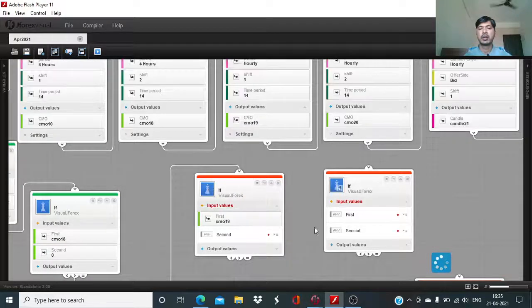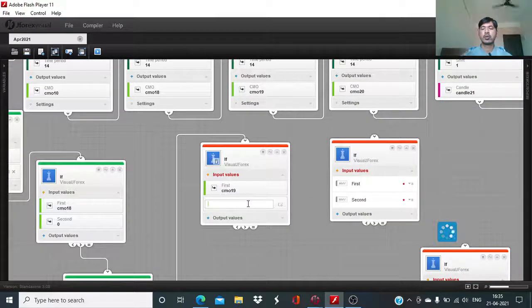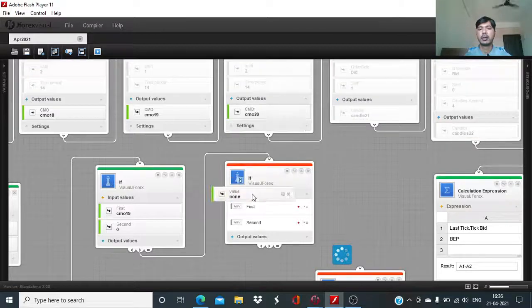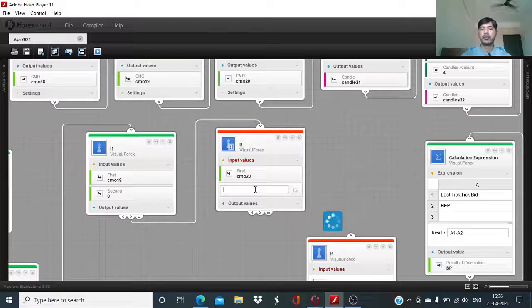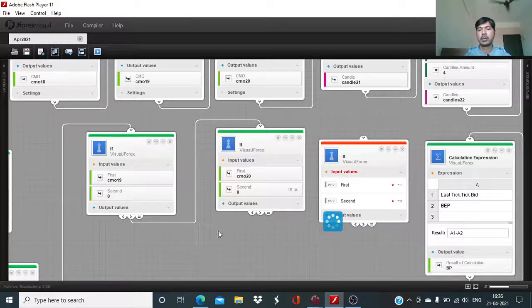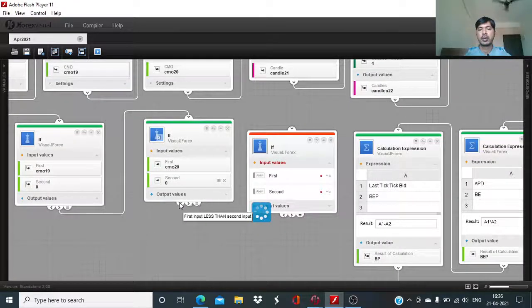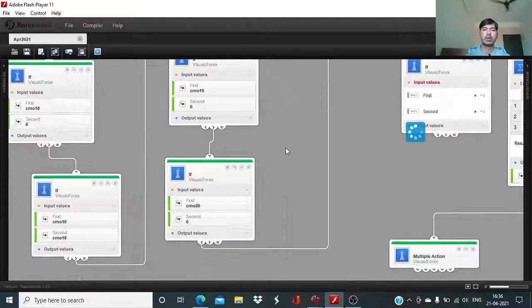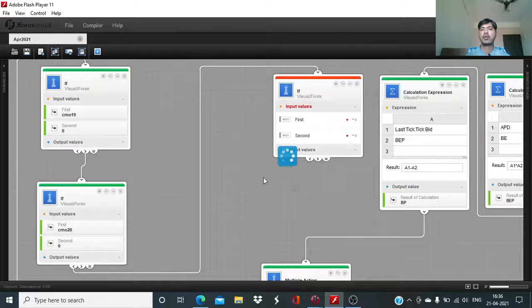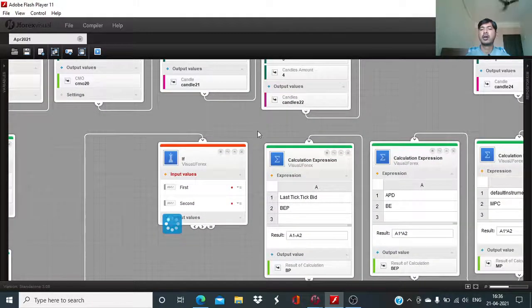So this should be above 0, first input greater than second input, and this should have been below 0. First input less than second input. Okay, so far so good. We have defined these CMO conditions.